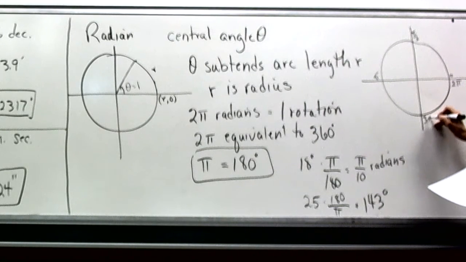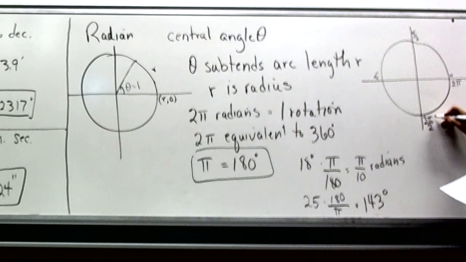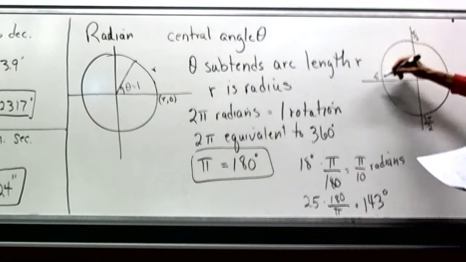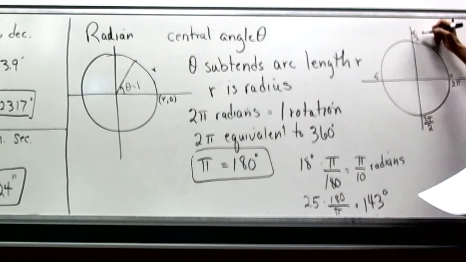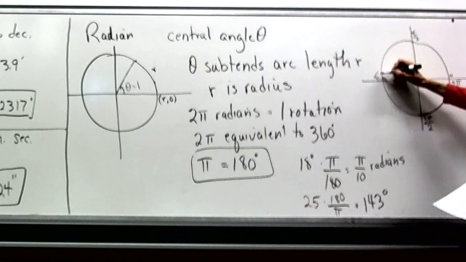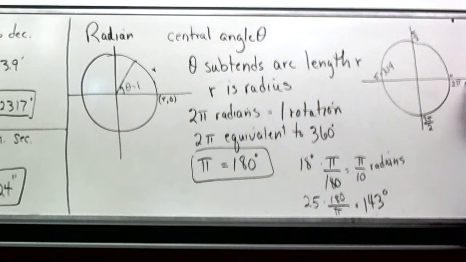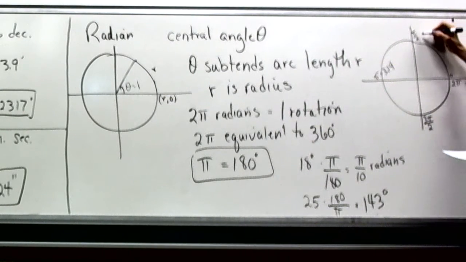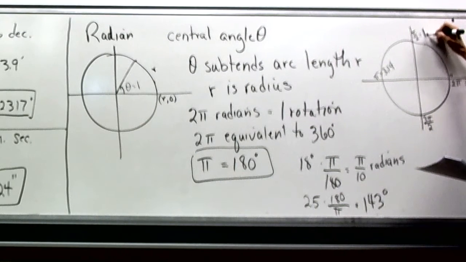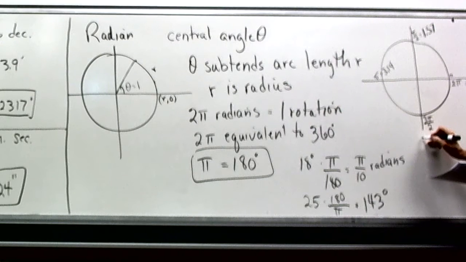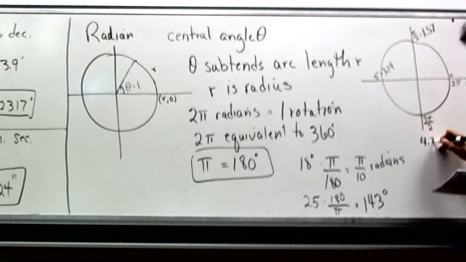Here we would have 3 pi over 2, which is 270 degrees. Now if I change these pi's to a decimal number, pi of course is approximately 3.14. 2 pi is approximately 6.28. Pi over 2 is approximately 1.57. And 3 pi over 2 is approximately 4.7.